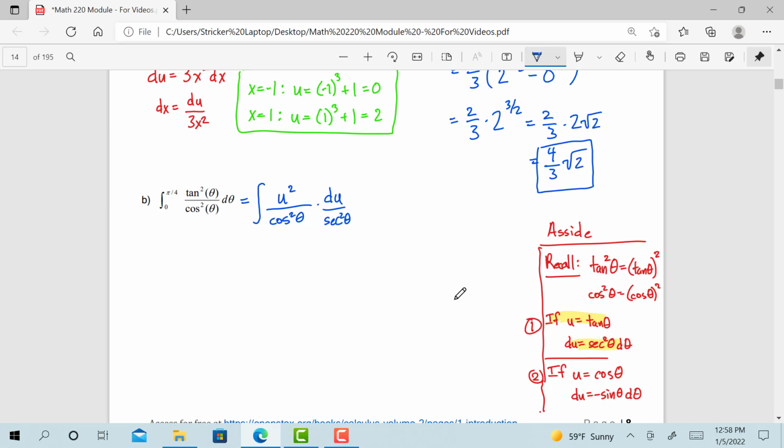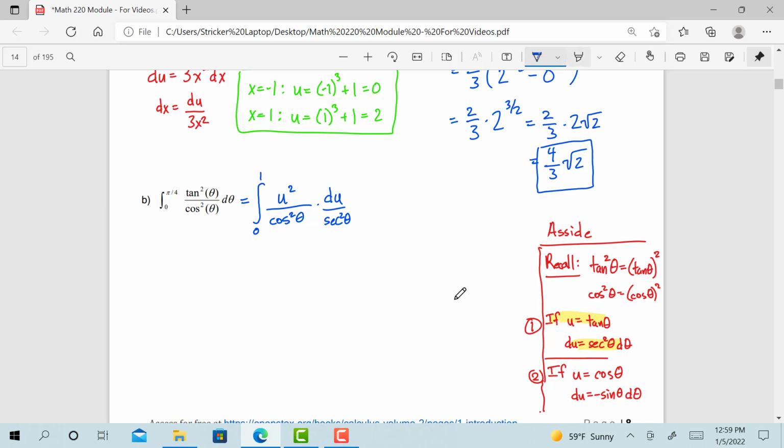And we'll go ahead and change our limits. If theta is equal to 0, then u would be the tangent of 0, and the tangent of 0 is 0. And then if we use the upper limit of pi over 4, the tangent of pi over 4 is 1. Let me write those down.